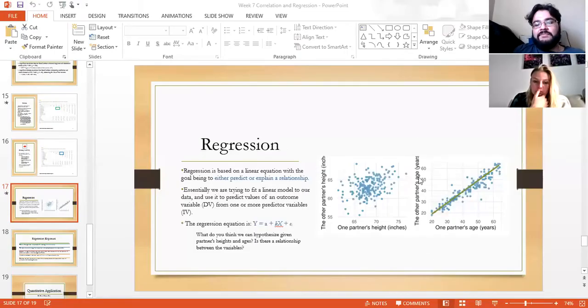Okay. Let me share my screen on this one. What I think it's asking is how can you use the data from this slide, let's call this the DV on the y-axis, and then the x-axis, the IV, the independent variable, and how can one predict the nature of the other? That has to do with correlation, but also the regression and the mean, and how they match up with one another.